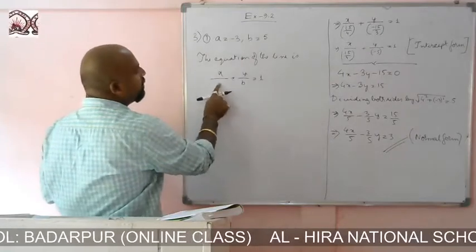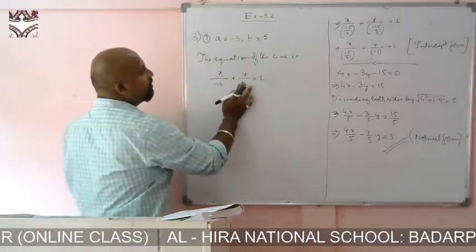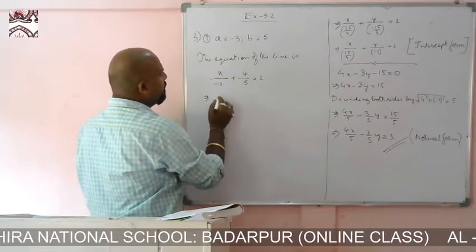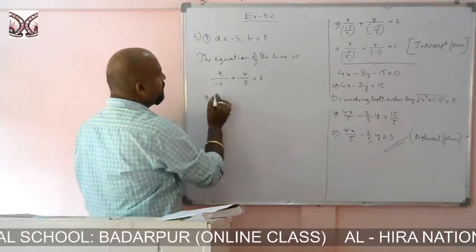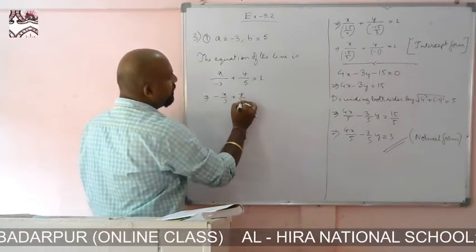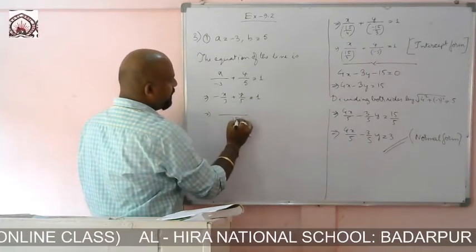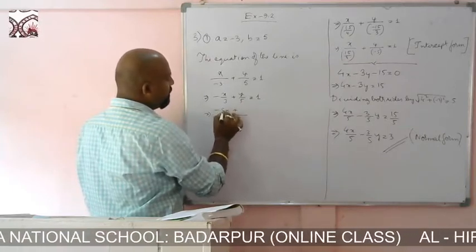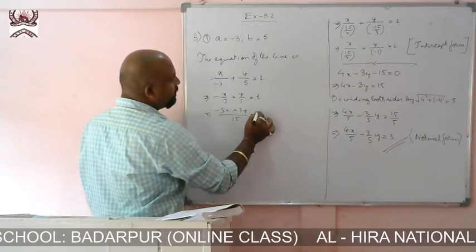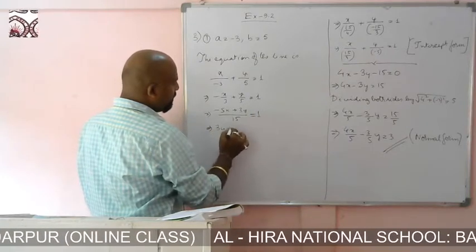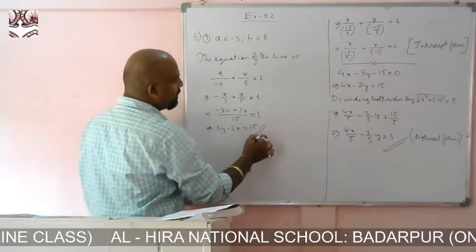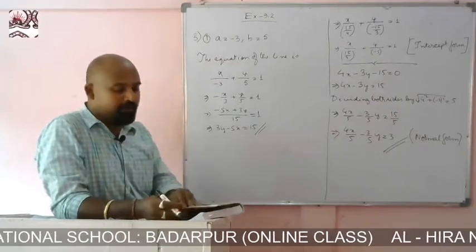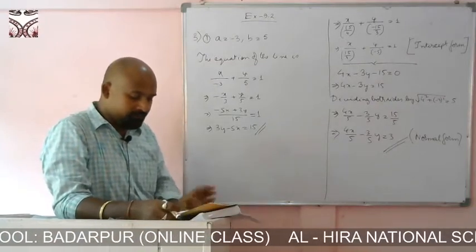Here the x intercept is minus 3 and the y intercept is 5. Then we are getting minus x by 3 plus y by 5 equals 1. That gives minus 5x plus 3y equals 15, so 3y minus 5x equals 15. This is the required equation.